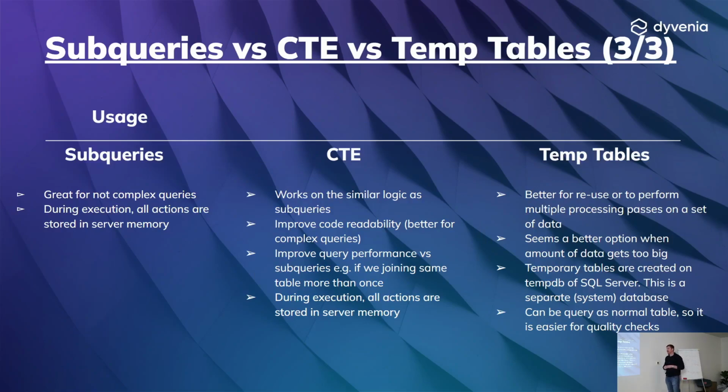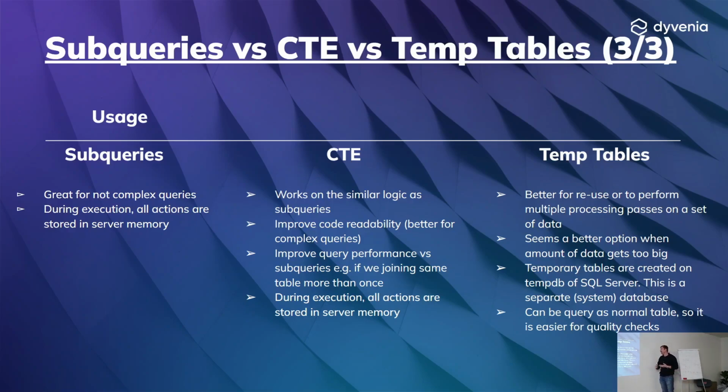Summarizing the usage and the preferences: I think subqueries are quite good when it comes to non-complex queries, and we have to bear in mind that during execution all actions are stored in memory. CTE works in a similar way, but code readability is better, and they improve our performance if we are joining the same table a couple of times.